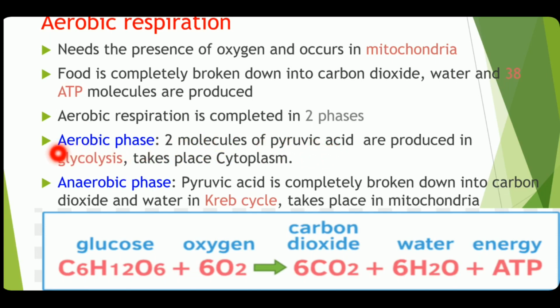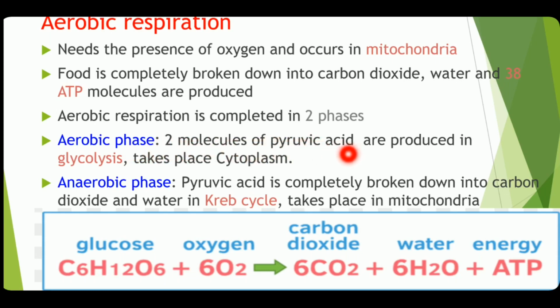Actually, this is anaerobic, I'm telling you again. In anaerobic respiration, this takes place in the cytoplasm. If you remember the diagram of the cell, in the cell there is a cytoplasm, so this takes place in the cytoplasm. And from one molecule of glucose, two molecules of pyruvic acid are produced.